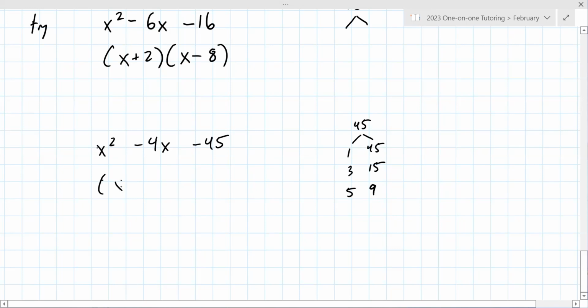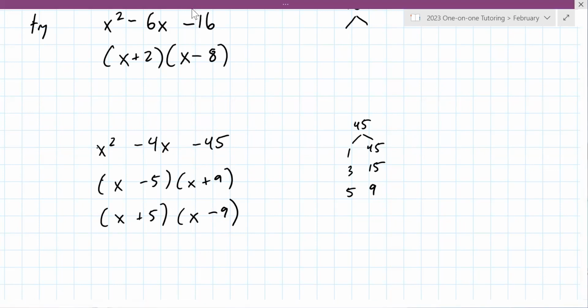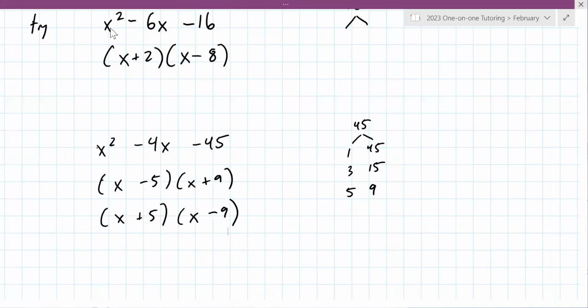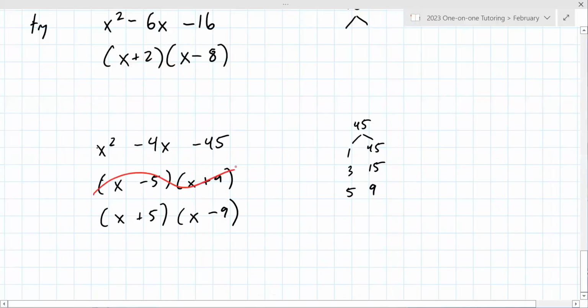But the question is, is it x minus 5, x plus 9, or is it x plus 5, x minus 9? From years of doing this, I see that the 5 and the minus 9 get you back to -4, but that's up to you, if you want to write the full list, or if you want to guess and check a little bit on that.